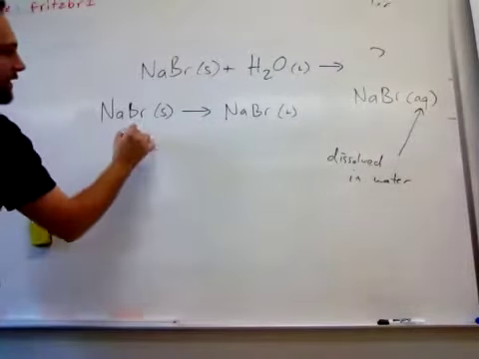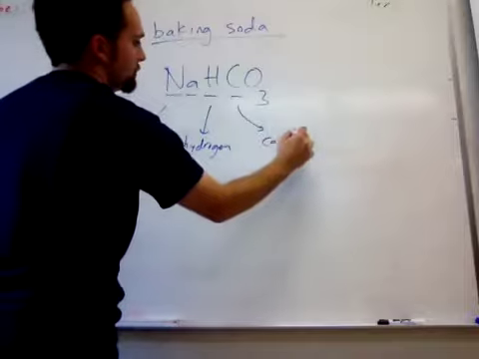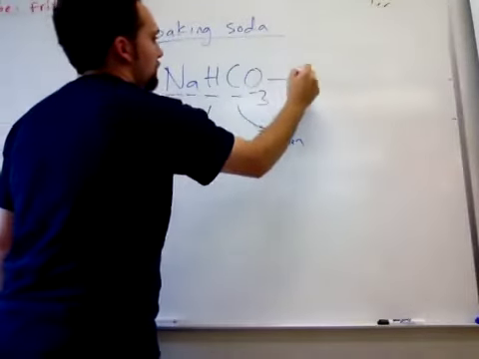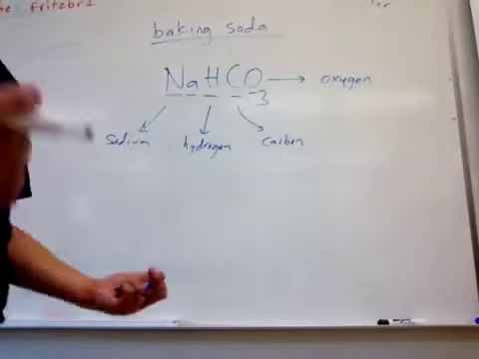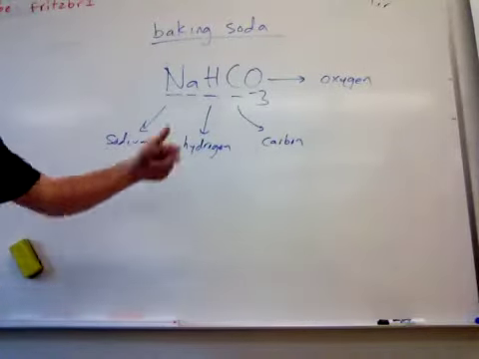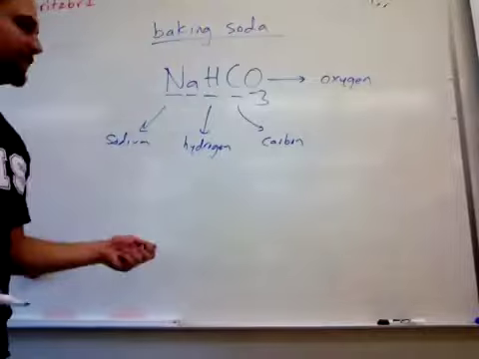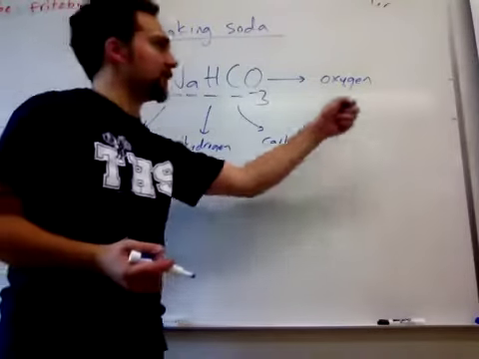That one is sodium, because it goes with that lowercase one. Then I have a capital H, hydrogen. Then I have a capital C, carbon, and a capital O, and that's oxygen. So the question will probably ask you how many different elements there are. If I'm just looking for different elements, I've got sodium, hydrogen, carbon, and oxygen.